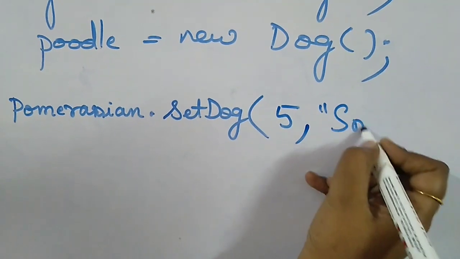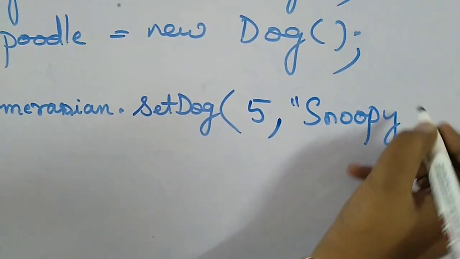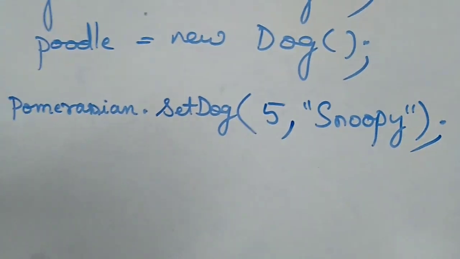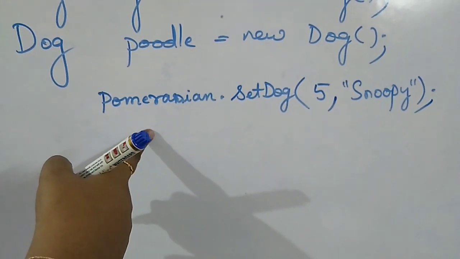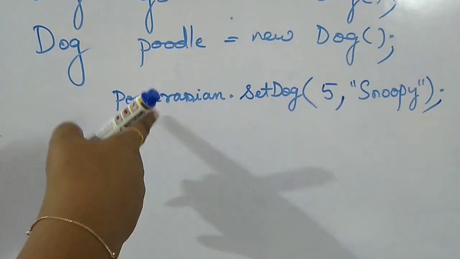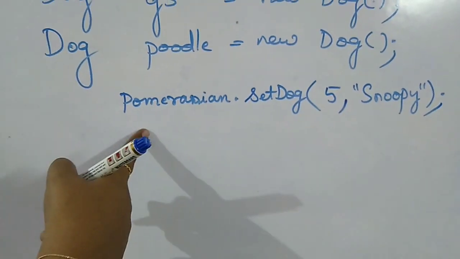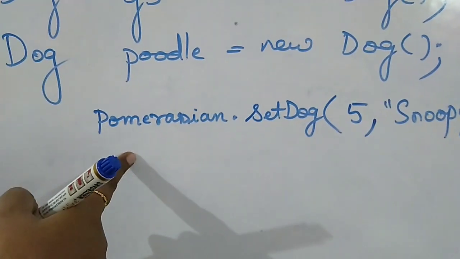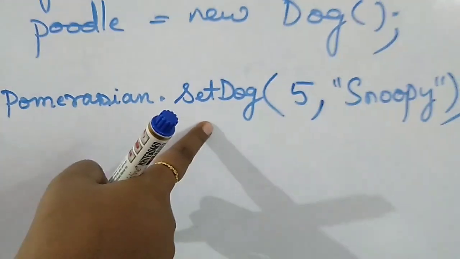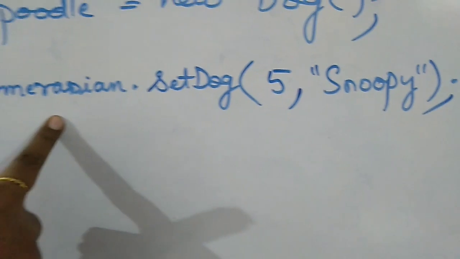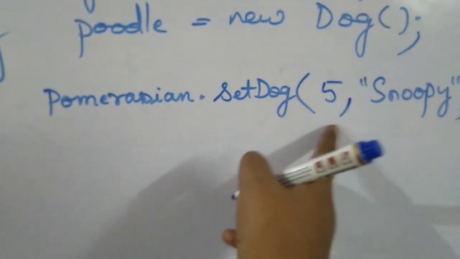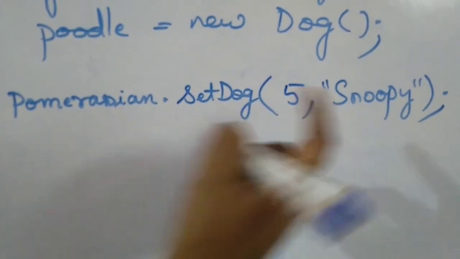The name of the dog is Snoopy. This is how I am calling the method of the class on a specific object. I am calling the setDog method on Pomeranian. So for the Pomeranian, the values of age and name will be 5 and Snoopy.